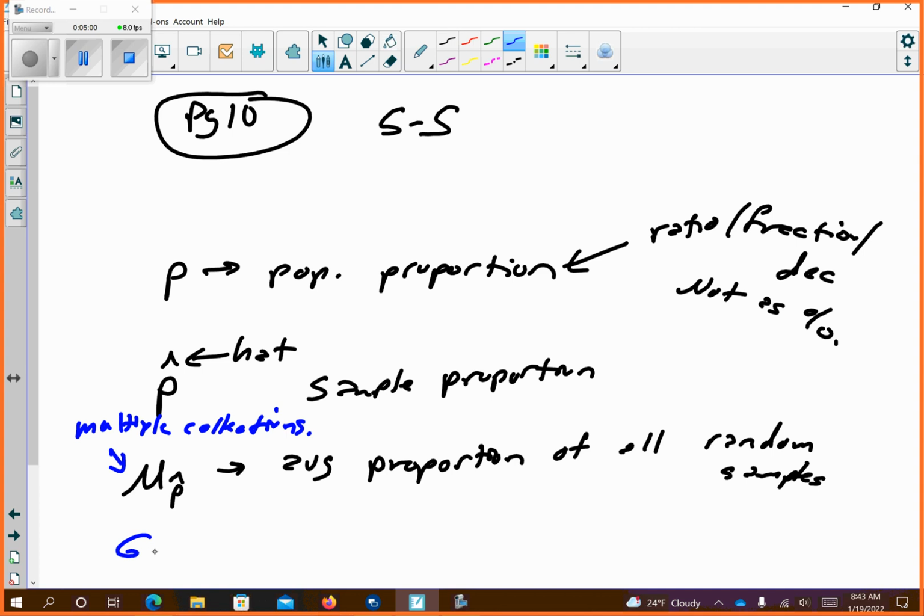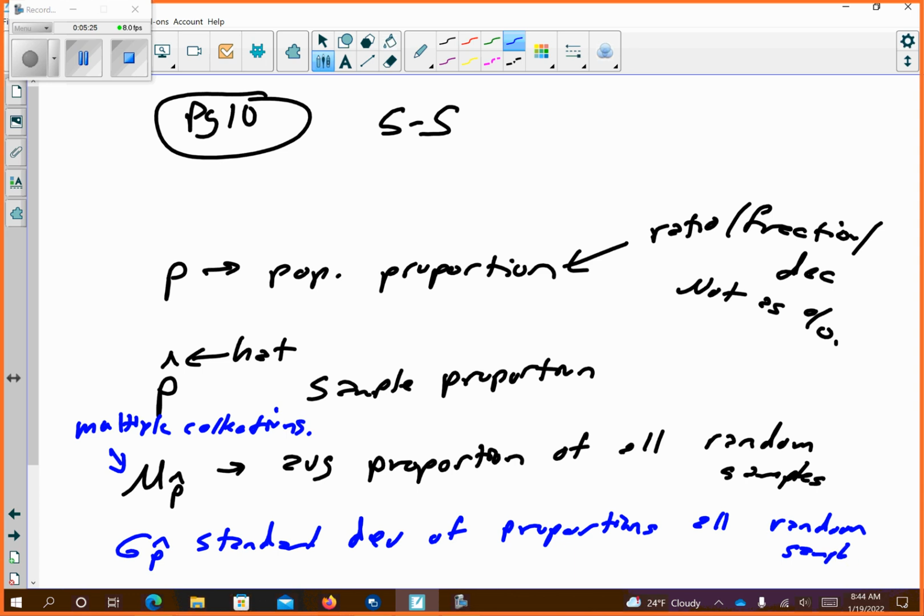And then you have this, and this is the standard deviation of all proportions of all random samples. So we're introducing a couple of different letters that we need to take a look at. Okay. So everything's good so far?